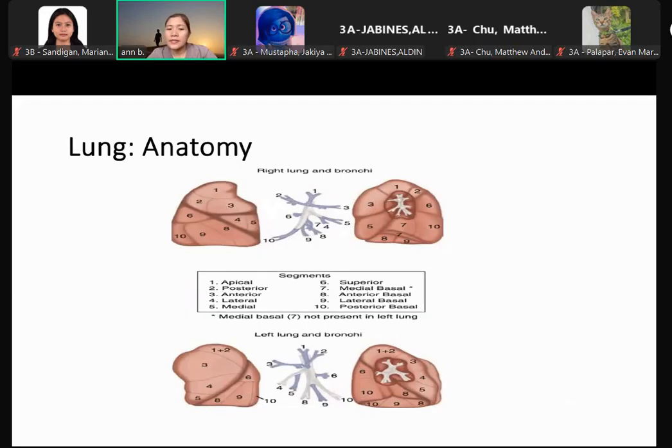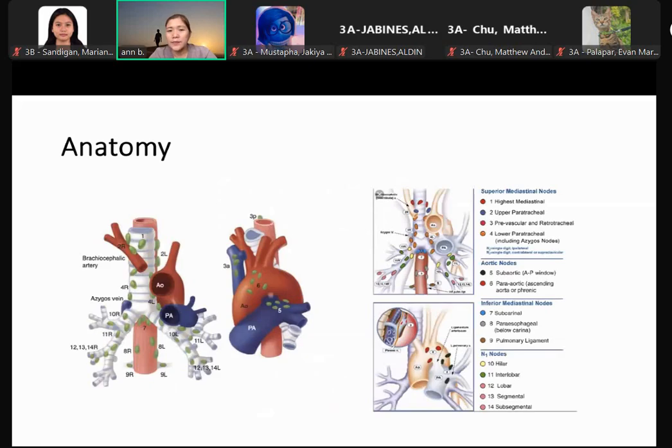But again, the right lung has 10 segments with 3 lobes, and the left lung has 2 lobes with 10 segments. Other books have 8 or 9 segments, depending on the book that you are reading.